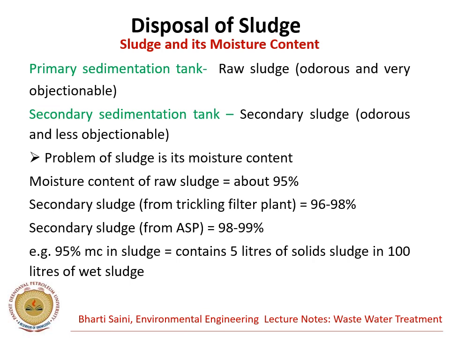Raw sludge comes from the primary sedimentation tank, and secondary sludge comes from the secondary sedimentation tank. But in the secondary sludge there are two cases. If it is treated by the trickling filter, the moisture content range is 96 to 98%, and if it is treated with the activated sludge process, the moisture content range is 98 to 99%.